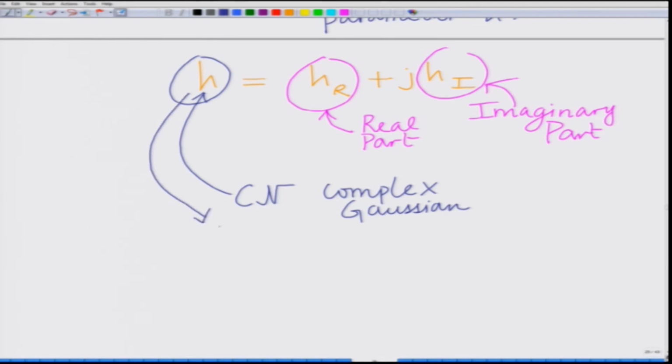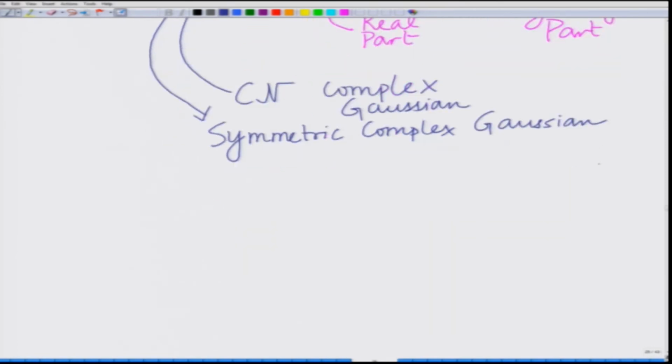H is not just complex Gaussian, it is symmetric complex Gaussian in the sense that if h is complex Gaussian with mean mu h and variance sigma h square, then it satisfies the following properties.